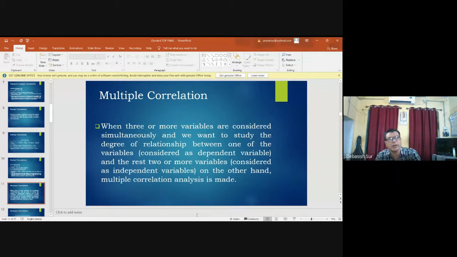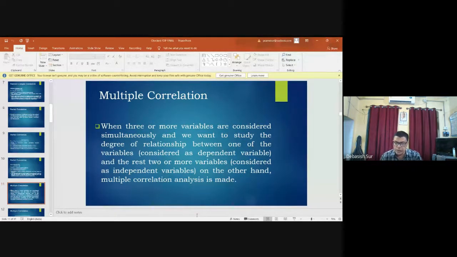Then we have to calculate the multiple correlation of x1 on x2 and x3. So the degree of relationship between x1 and the joint influence of x2 and x3 on x1 is called the multiple correlation of x1 on x2 and x3. Here x1 is the dependent variable and x2 and x3 are the independent variables.